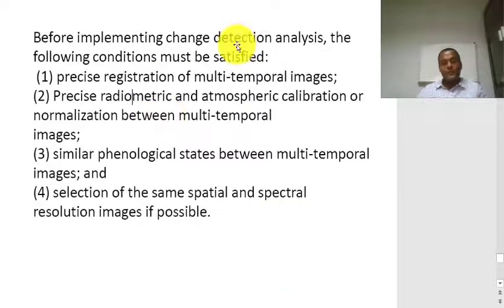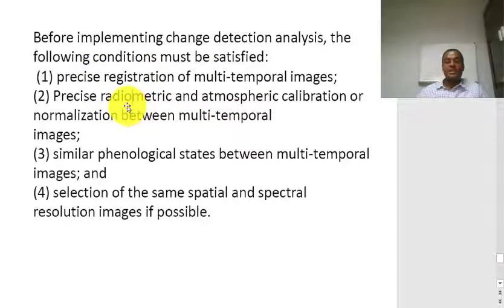Before you implement change detection analysis, the following conditions must be satisfied: precise registration of multi-temporal images. If you have a 1986 satellite image and a 2020 satellite image, you need to register the two images.